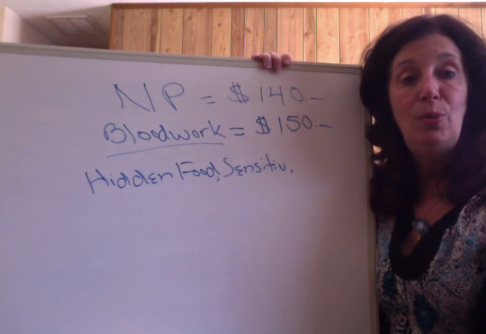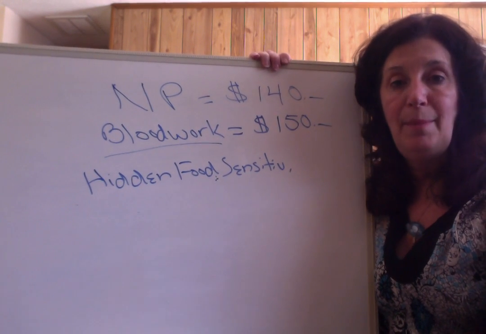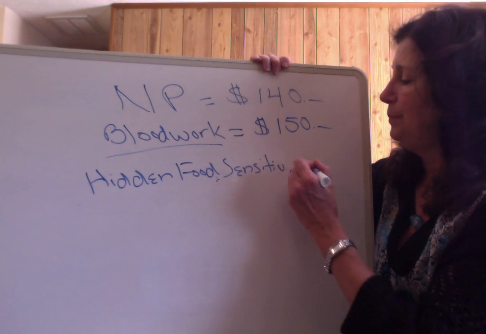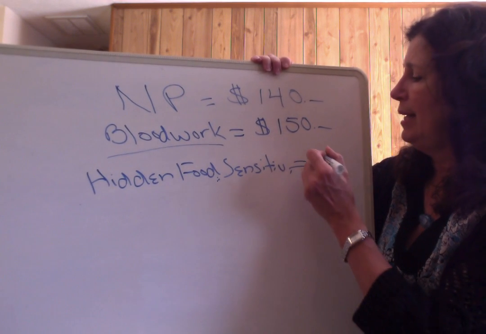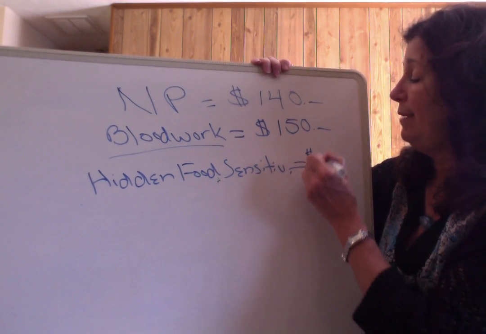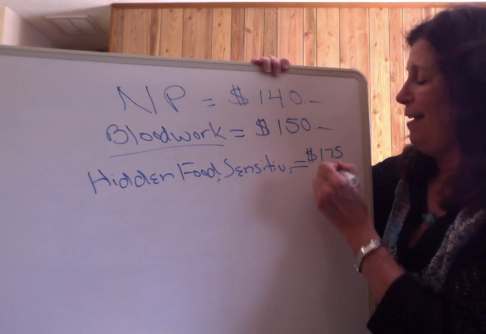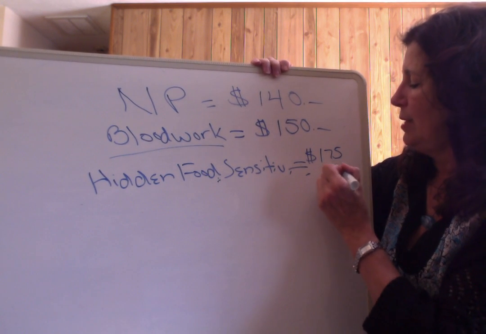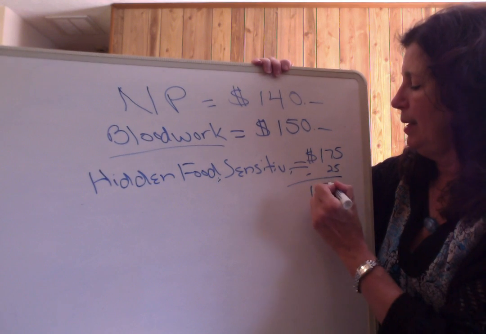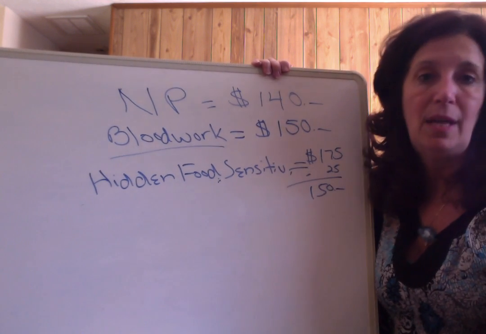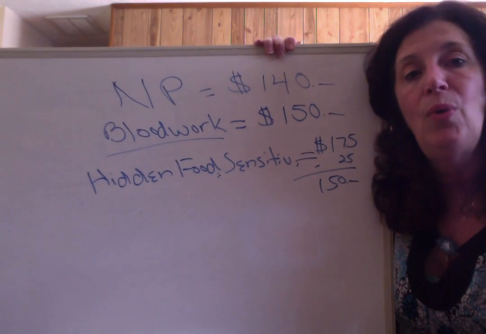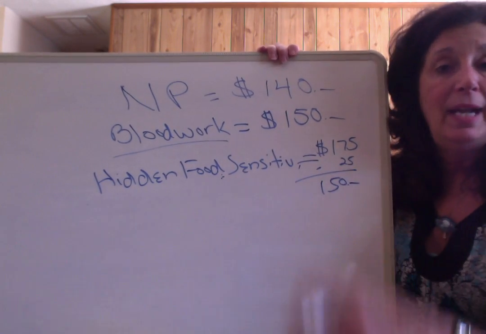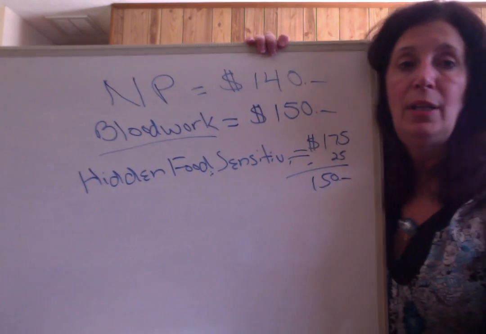It takes about 2 weeks for the results to come back. The cost of that here in this area is $175. $25 of that is for the draw fee, and the blood work, the test itself, is $150. This is a lab that I use, a doctor's office that I use in the local area.